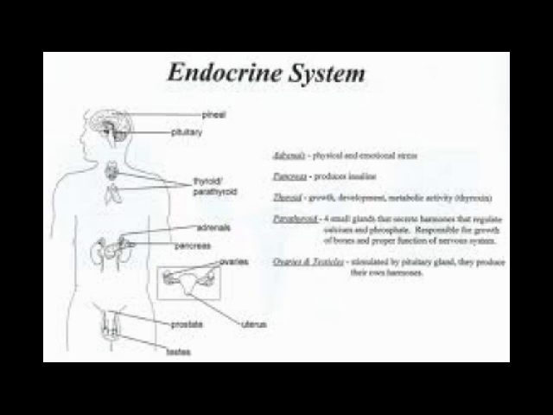Now the cortex is the outer part. The cortex has 4 basic hormones that we're going to be talking about. It has your corticoids. Notice how it does not have the word tropic in it?